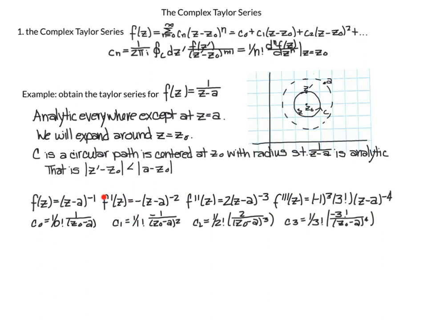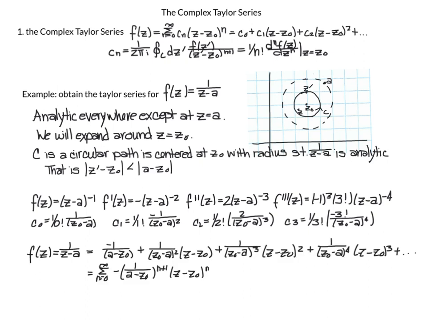So that's over here. My first derivative evaluated at z equals z0 will give me my z0 minus a squared. Then my second coefficient over here is 1 over 2 factorial, and now times my second derivative, so that's 2 over z0 minus a cubed, and then I have my c3 over here.